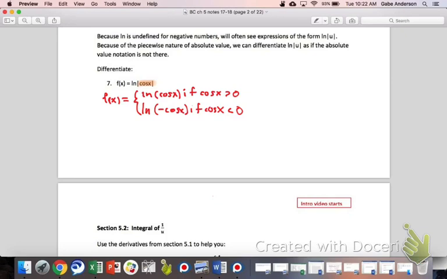Okay, so let's find our derivative then. We're looking for f prime equals, okay, natural log of cosine x. Let's think about what that derivative would be. Wouldn't it be 1 over cosine times what?